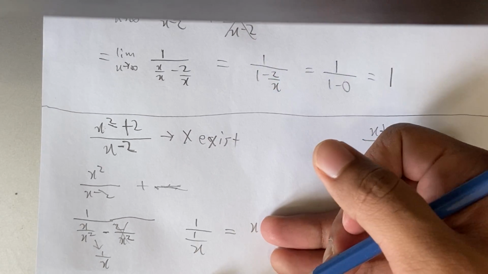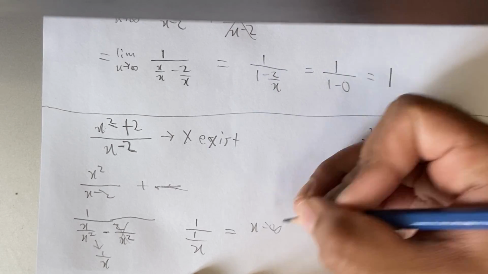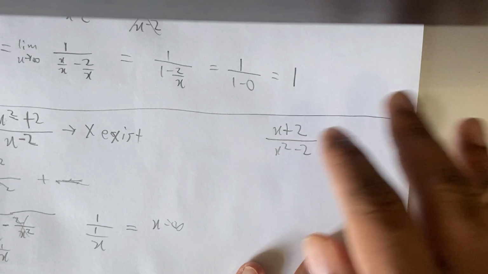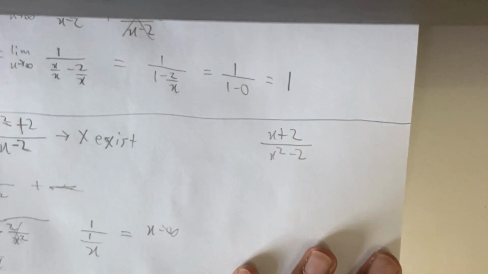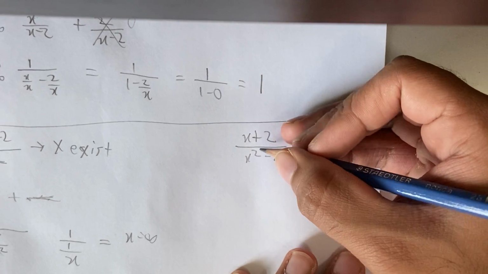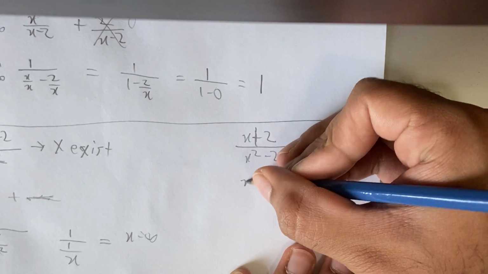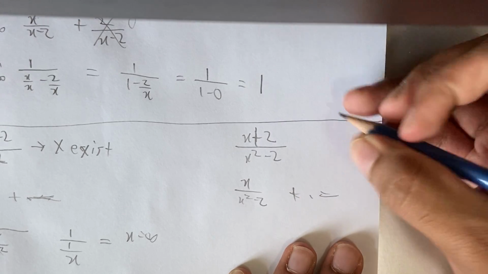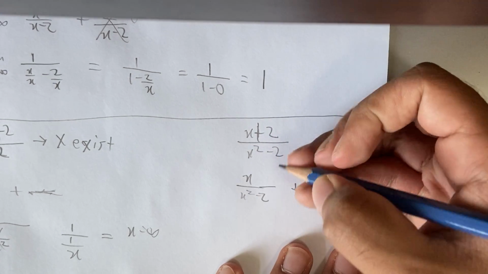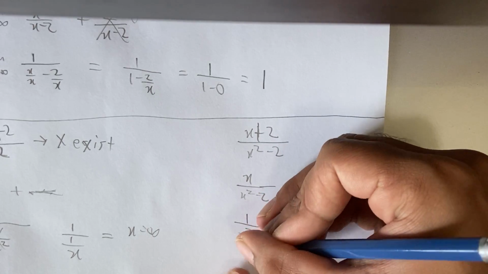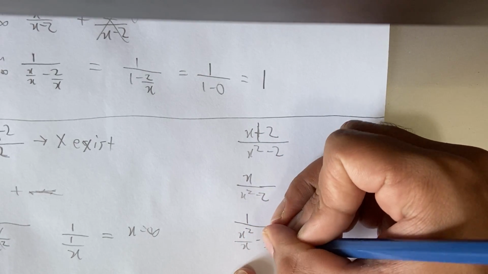because you just end up with infinity, which makes sense, because when x is infinity, y is also at infinity. On the other hand, here, if you do the same thing, you get x over x squared minus 2 plus blah blah blah. Then you divide, so you get 1 over x over 1 minus 2 over x squared.